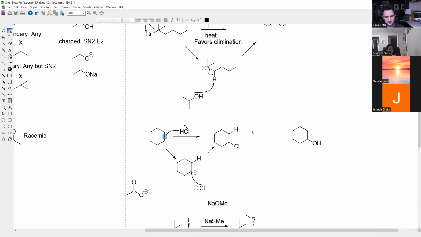In order to get a substitution, I need to install an alkyl halide, right? So I do an addition reaction to get this, and then I do a substitution reaction to do this. So can we string together a couple of reactions to get a desired product is what we're going to do next.